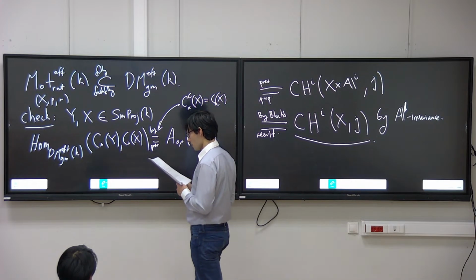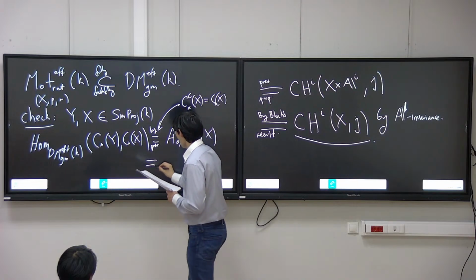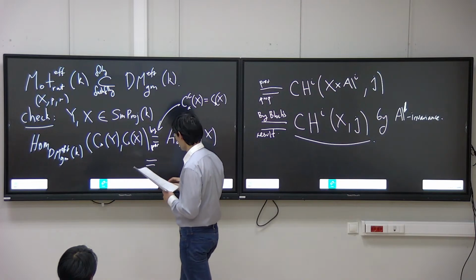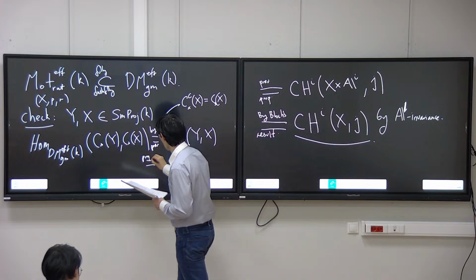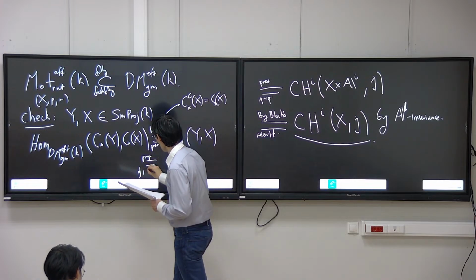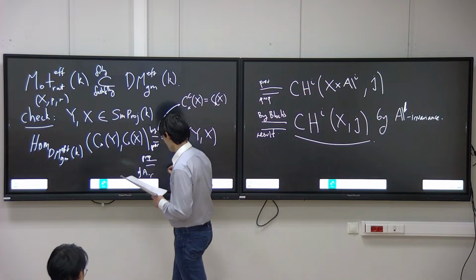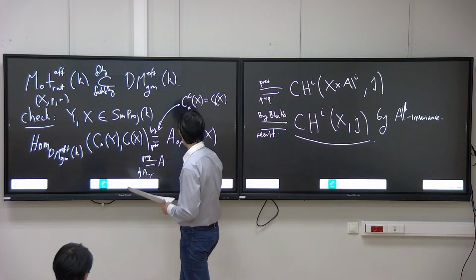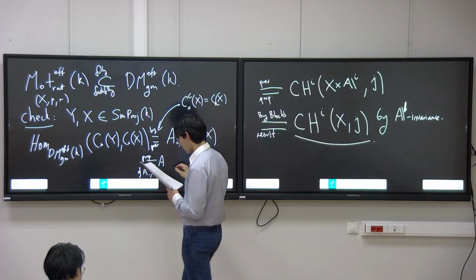And then by some property of these bivariant cycle cohomologies, it's the same as putting Y on the other side. We already kind of used it.